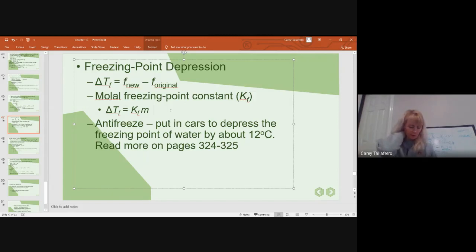Now, why do we care about freezing point depression? Well, it helps us a lot, actually. Here, we don't have super cold winters, but we can have spells where it can get cold. And what do they put on the roads when we expect ice or snow coming along? They put sand, of course, but what else? Hopefully you're thinking salt.